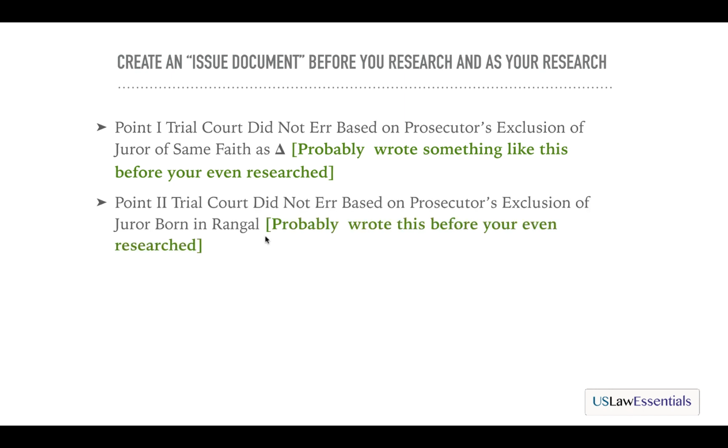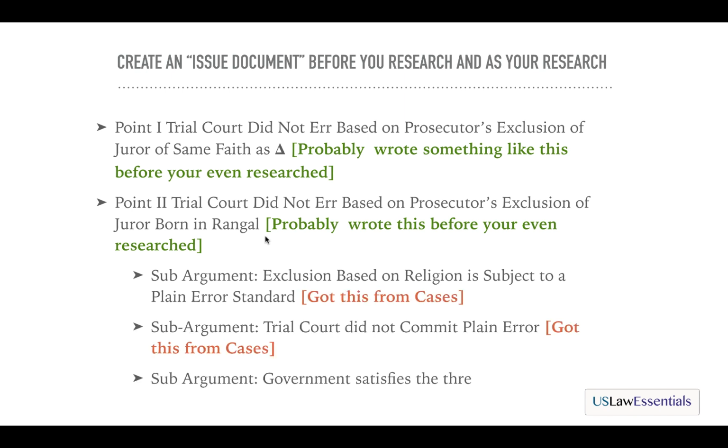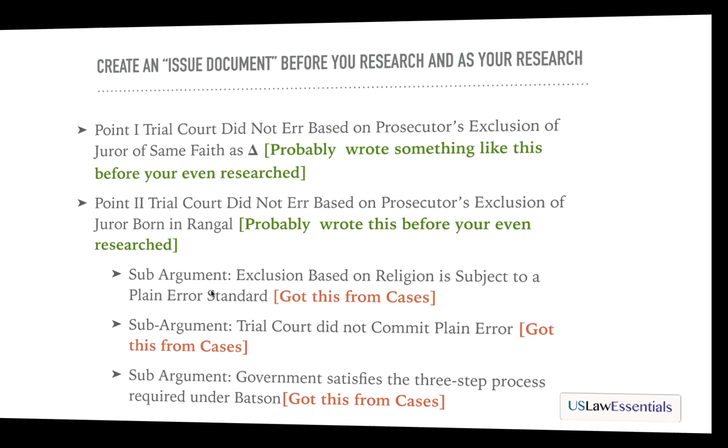Likewise, you can probably put down a point 2 that the trial court didn't err based on the exclusion based on race or because he was born in the same country as the defendant. And below that, I just wrote down a series of sub-arguments that you might not know immediately you're going to need to research, but as you look at the cases, they're probably going to jump out to you. For example, you'll probably see immediately that there's an issue based on whether or not an exclusion for religious reasons is subject to the plain error standard or some other standard.